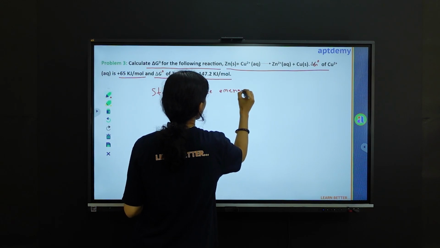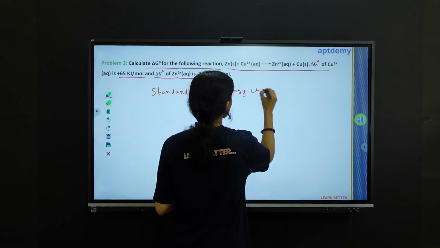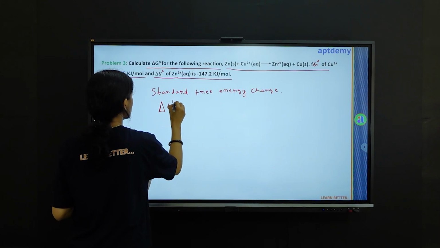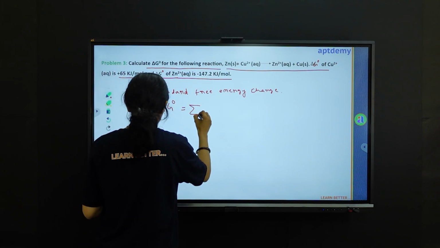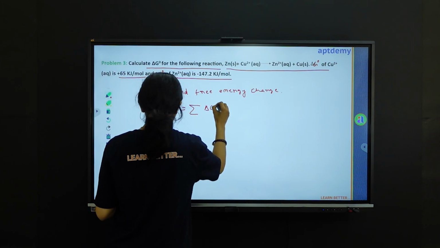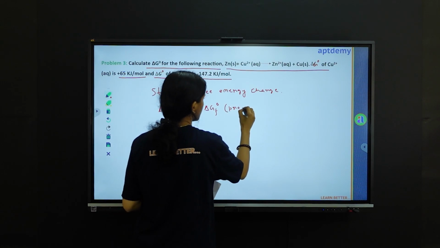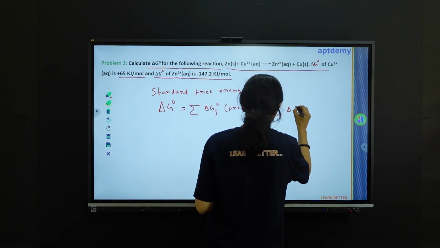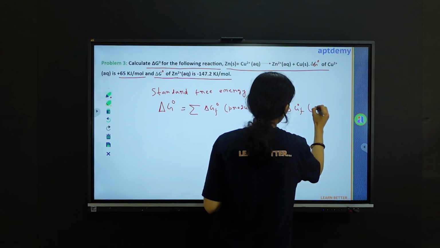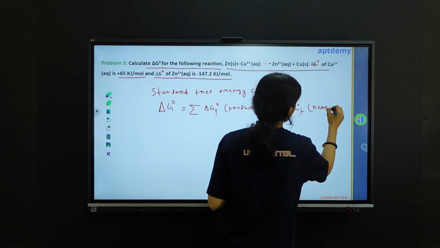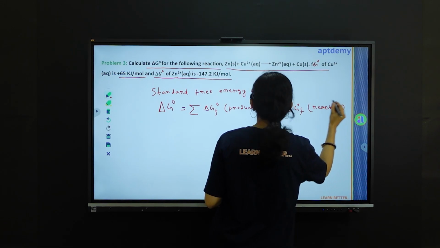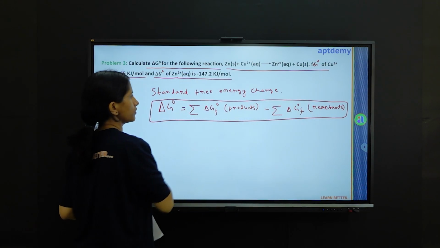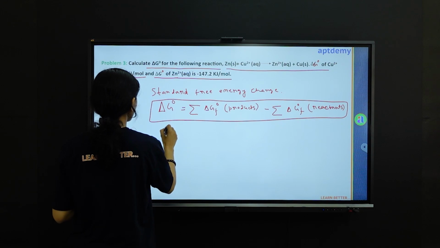The standard free energy change for the given reaction can be written as the summation of ΔG°f for products minus the summation of ΔG°f for reactants. This is the formula that you need to keep in your mind in order to solve such problems, right? So we'll just put the values.